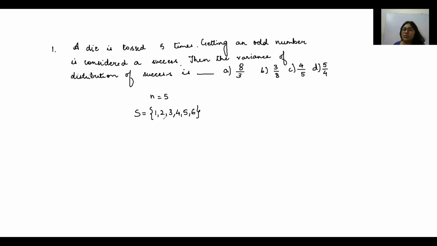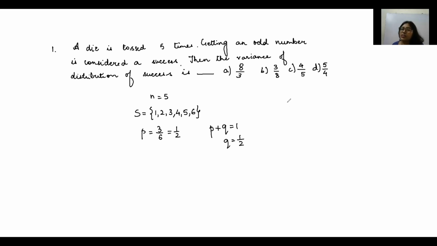Odd numbers are success. So how many times do we get an odd number? 3 out of 6 times. That is half is success for us. And we know for binomial distribution, P plus Q is 1. So Q is going to be half.